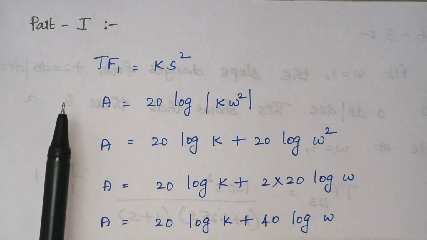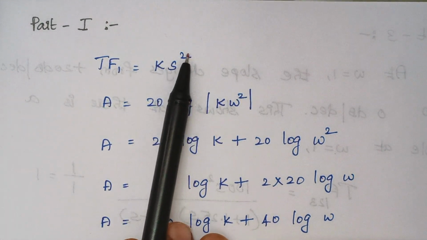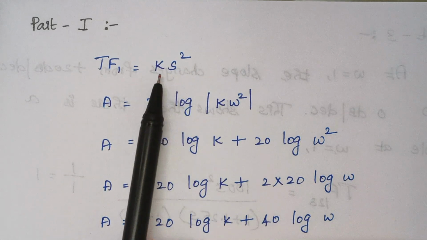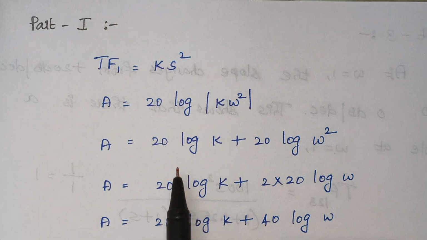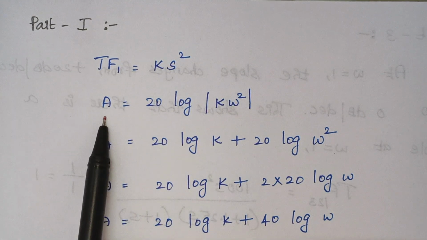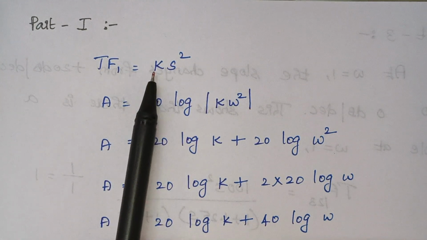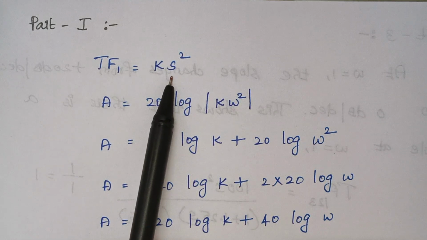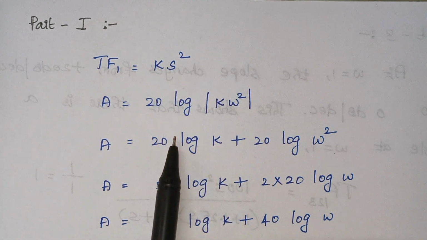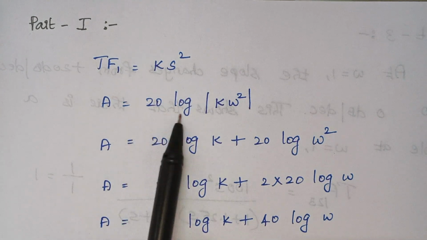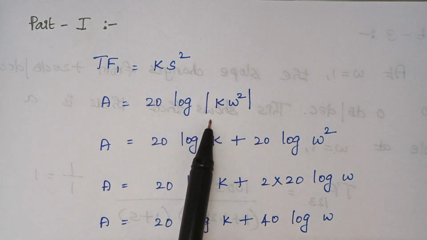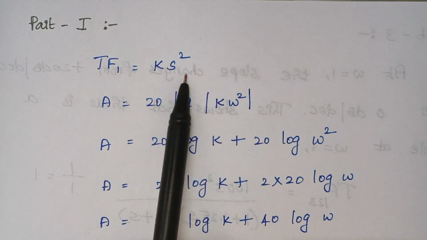We will proceed now. The first part has an s square term and there is a constant, so here we are including k s square. What is the value of magnitude A? The magnitude is given by the constant along with the individual s term present in the transfer function. So here we are having k and s square. The magnitude we will write as 20 log k omega square, where s is substituted by omega.